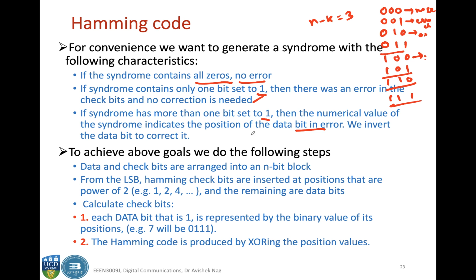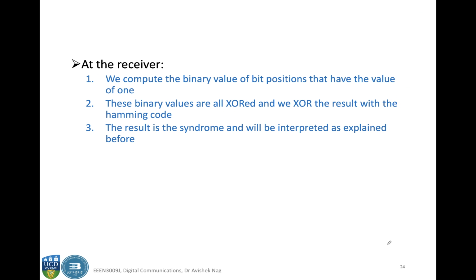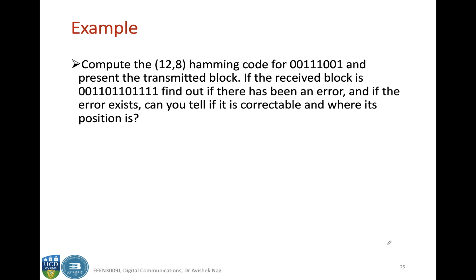So you have to generate a syndrome which has the following characteristics, and to achieve the above goals you have to follow these steps to generate the code. You will go through these steps, but I will explain this with an example, and this is what happens in the receiver.